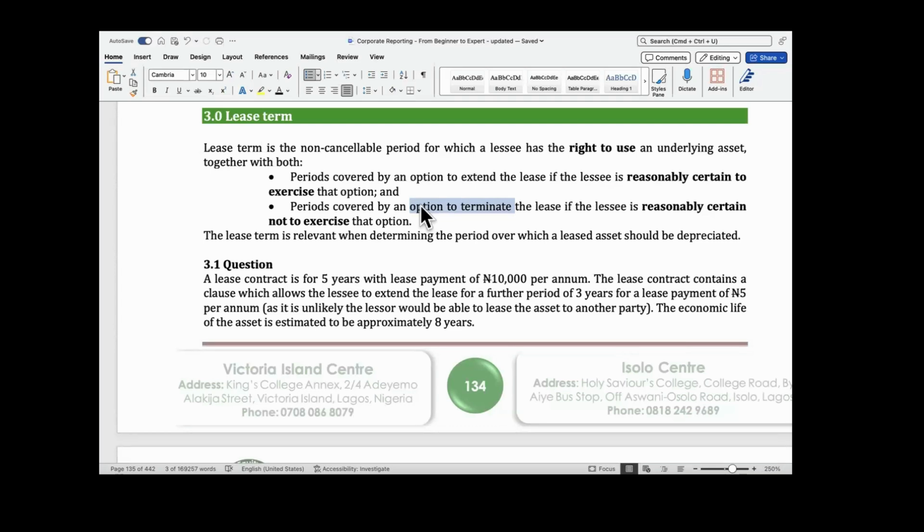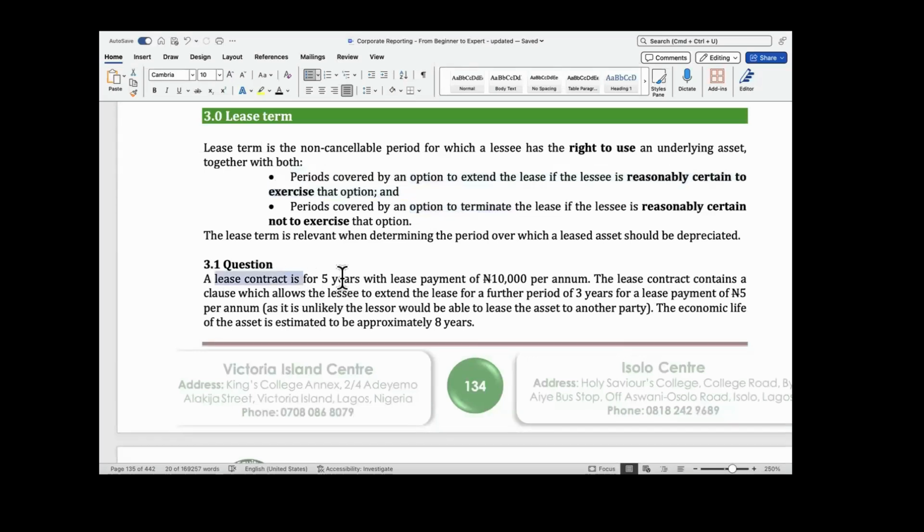So we are saying that if it is certain that the lessee will terminate, that means the lease time is just 2 years, but that is not something you find in your exams. So the one you find is when there's an option to extend, which is the first one.